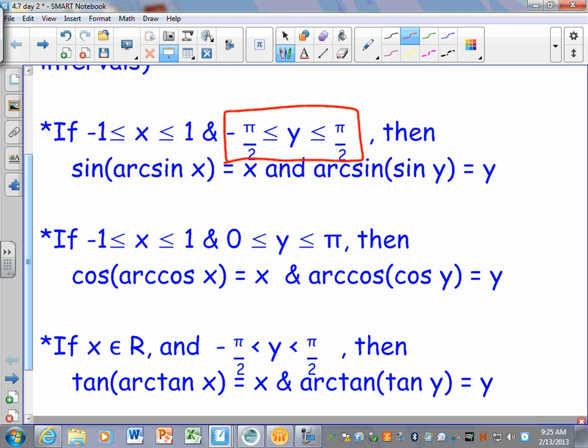But cosine and tangent also, if you take the tangent of arctangent or the cosine of arccosine, if you're in the specified range, then a function and its inverse will always cancel each other out.